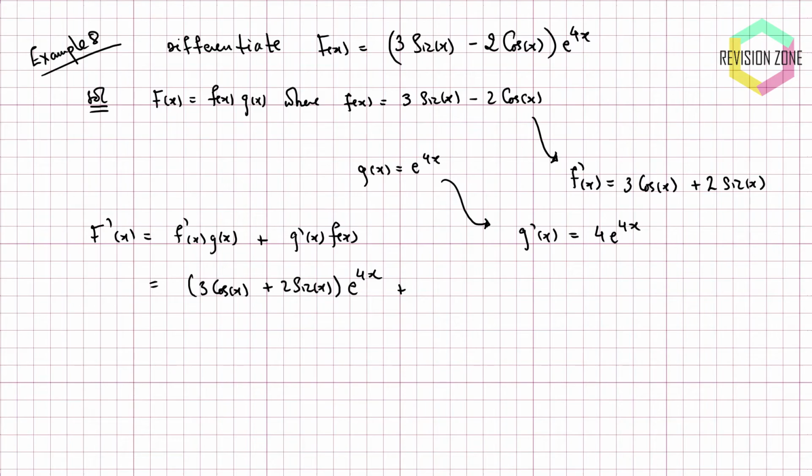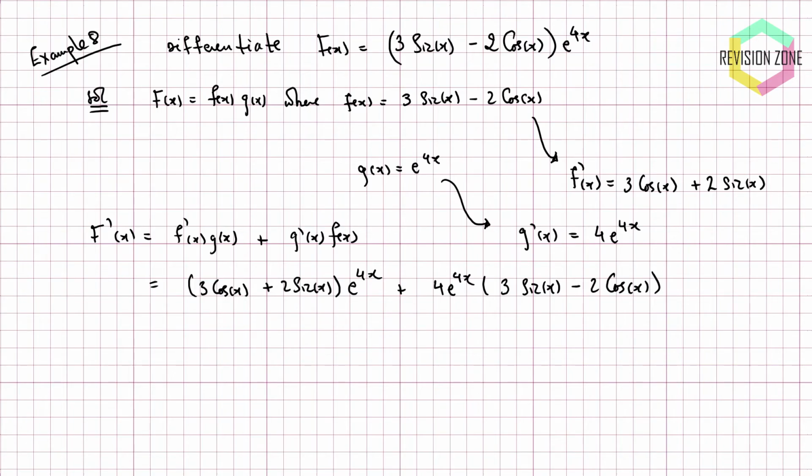G prime is just here, so g prime is 4e to the 4x, and then we finally need the f. So the f is just there, so I'm going to write that down. So it's 3 sine of x minus 2 cosine of x.